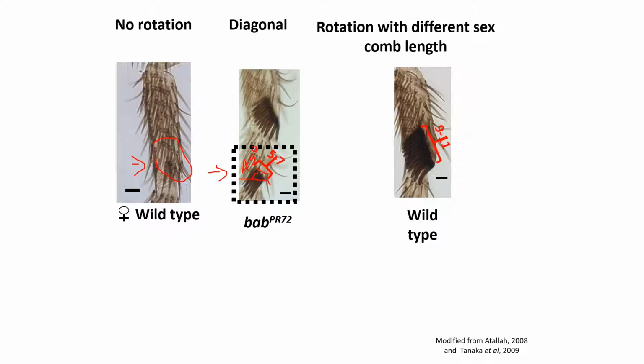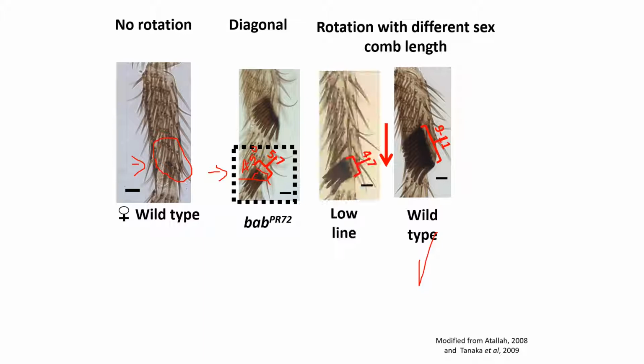So we already study the wild type, but we can also artificially select, every generation, for a year. What we did is select for combs that were small, and in just 1 year, we made a comb that was only 4 to 7 bristles, while the normal is 9 to 11.